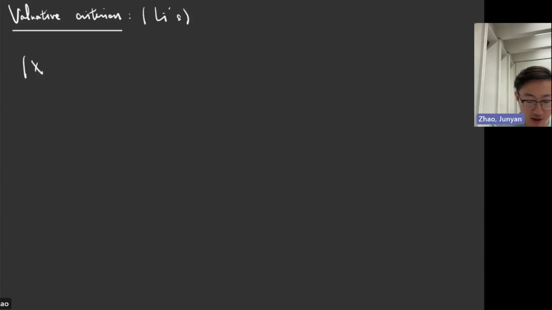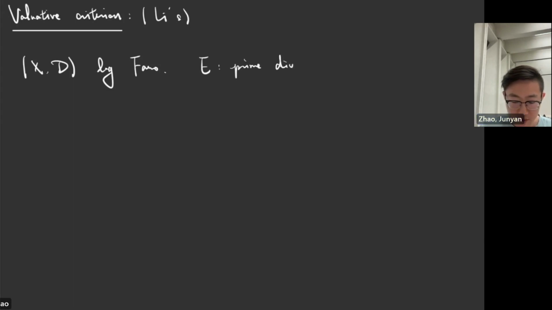If you have a log Fano pair, and you choose any prime divisor over X, I mean, it's lying on a birational model over X, that's called π.